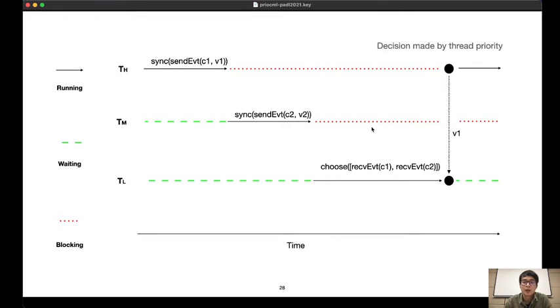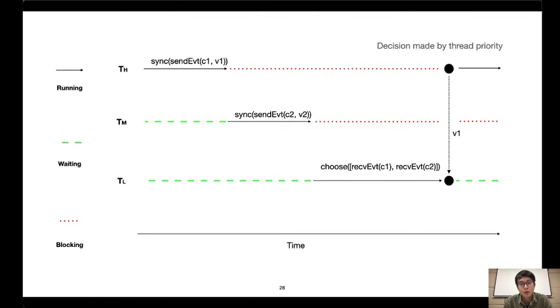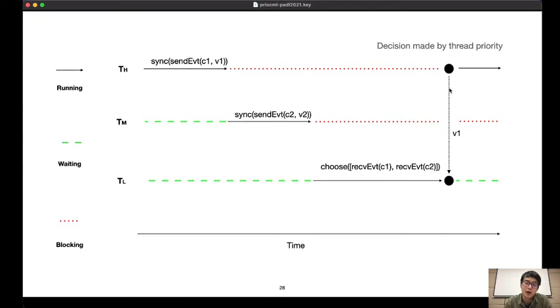As a result, if we make the decision by thread priority, we should pick the first pair. As a result, the high priority thread gets the chance to unblock and resume running again. There's no priority inversion in this case.